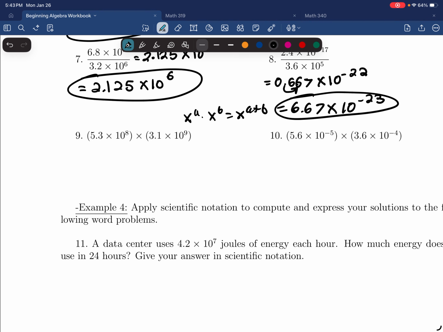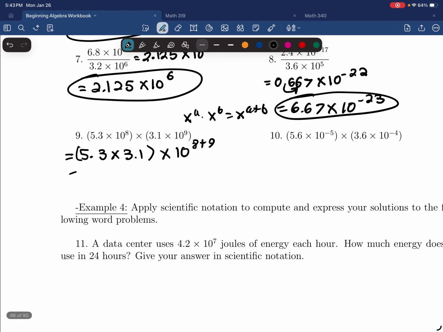So we just have to use that simple exponent rule that we learned in 5.1. So all we have to do here is do 5.3 times 3.1, and then we're going to carry along that times 10 to the 8 plus 9 power.